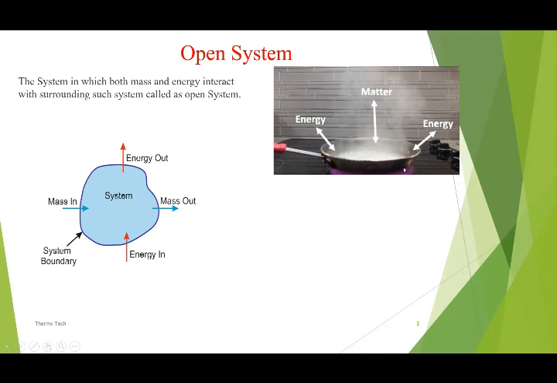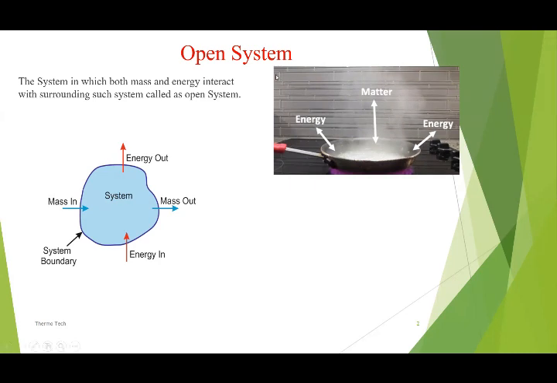Once the water has crossed its boiling temperature, it starts to evaporate to the surroundings. That is, some amount of the mass of water, in the form of vapor, is transferring from the system to the surroundings. So mass is interacting with the surroundings, and also some amount of heat energy is transferring to the surroundings in different forms, along with the hot vapors and also in the form of radiation.